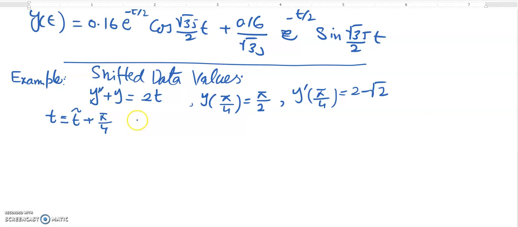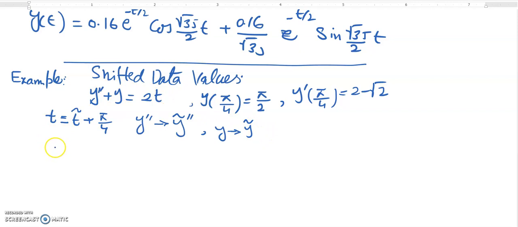So therefore y double prime will be y tilde double prime, and y will be y tilde. We will represent it like this.